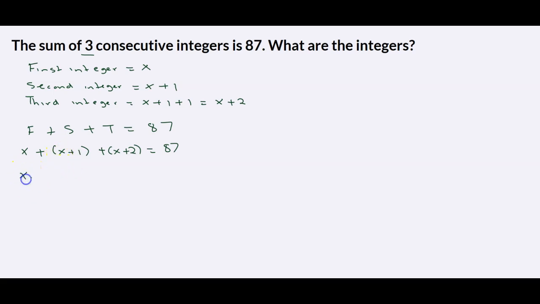So this is x plus 1 plus x plus 2 equals 87.